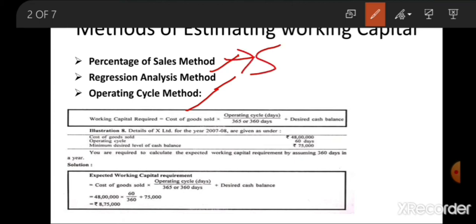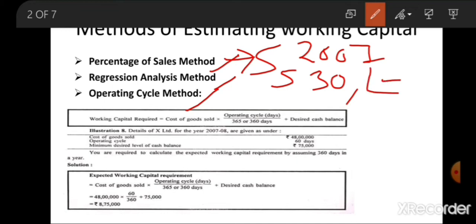Let us take an example. Suppose the sales in 2007 amount to rupees 30 lakh, and the working capital requirement is 6 lakh. Now, suppose you have to calculate the working capital requirement for 2008, and sales is given as 40 lakh.